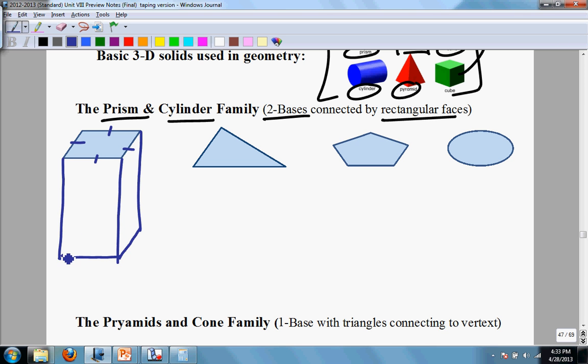I'm going to dot these two lines here to represent depth, because technically I can't see that corner back there if this was a solid. And this back edging, I can't see it. It's also dotted. So we use dotted lines for the unseen edging. What we have here is a rectangular-based prism. Go ahead and draw that.